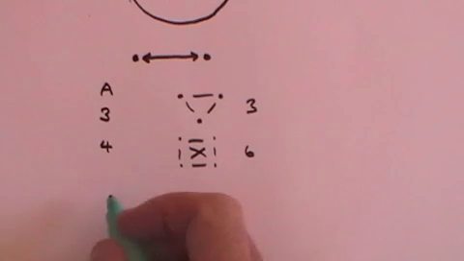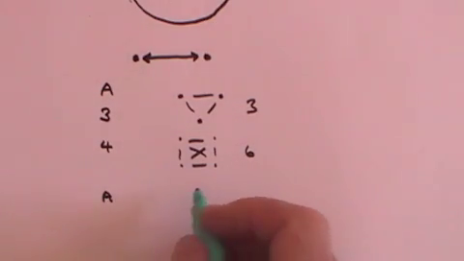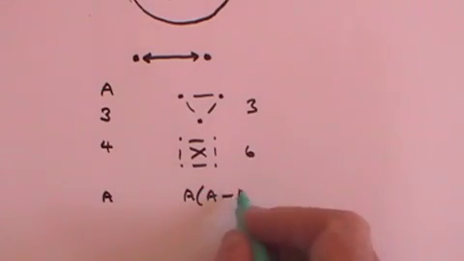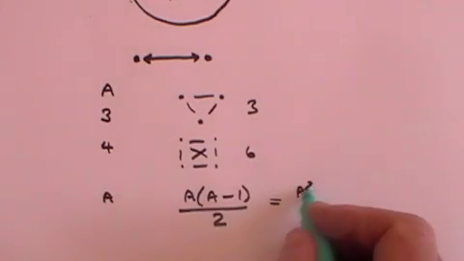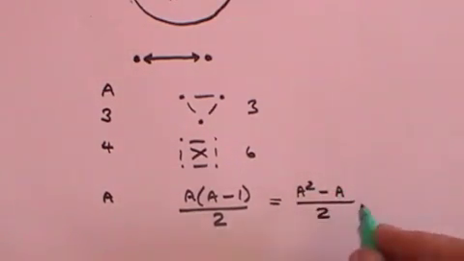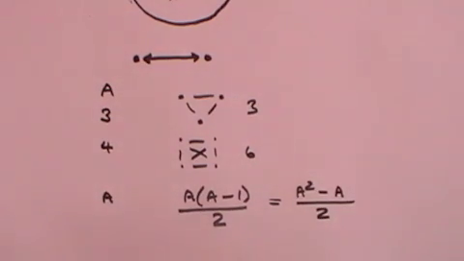And for A nucleons, and this is purely mathematical, you can show that that is equal to A times (A minus 1) divided by 2 pairs, which is of course equal to (A squared minus A) divided by 2 pairs.